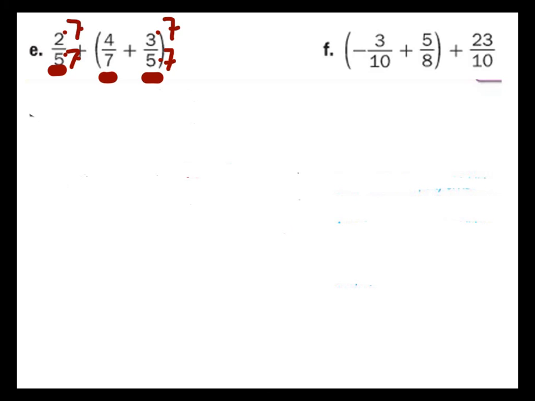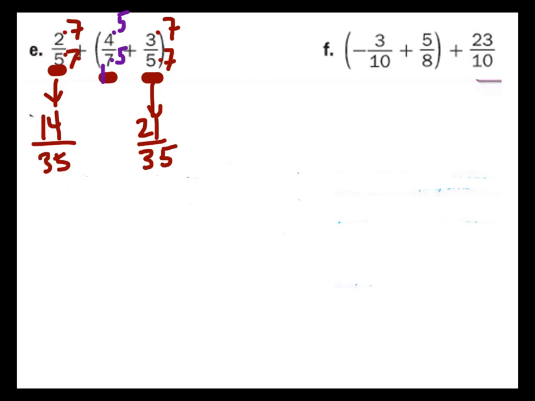So this gives me 14 over 35 here, and this one will now be 21 over 35. This one I'm going to multiply by the other denominator, which is 5, so that's going to give me 20 over 35.